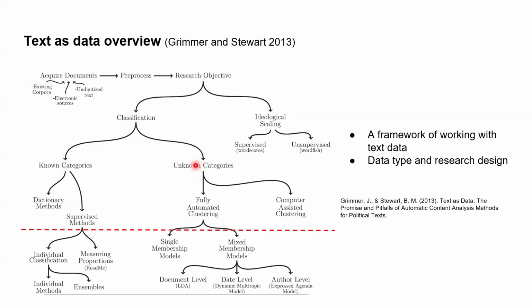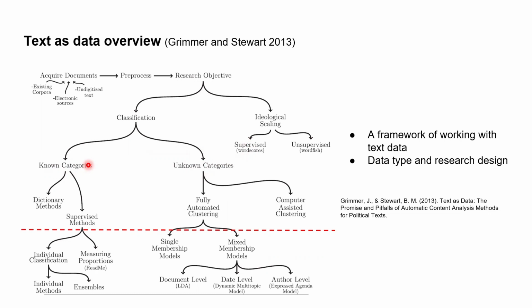If it is unknown categories like topic modeling, it will be an unsupervised machine learning algorithm, right? And both can also be done in another way, which is the dictionary approach. Very simple. You have a dictionary of words, and if an article hits those words in your dictionary, you give it a score for that dictionary, like a dictionary of happiness. You have a lot of words about happiness. We will see an example.